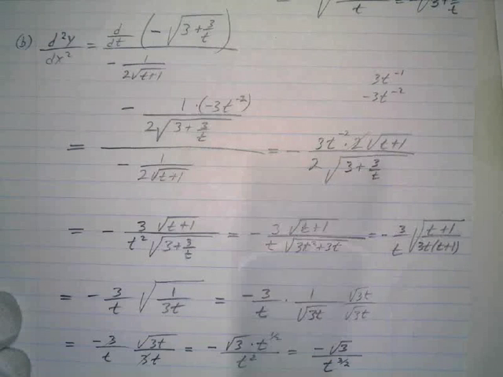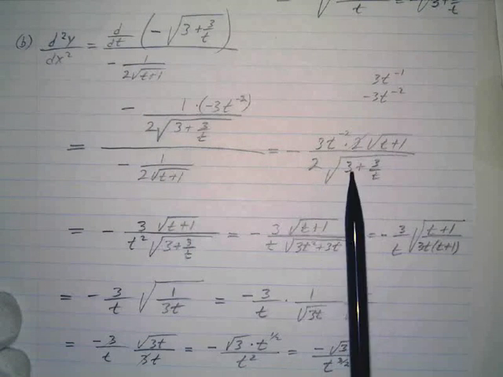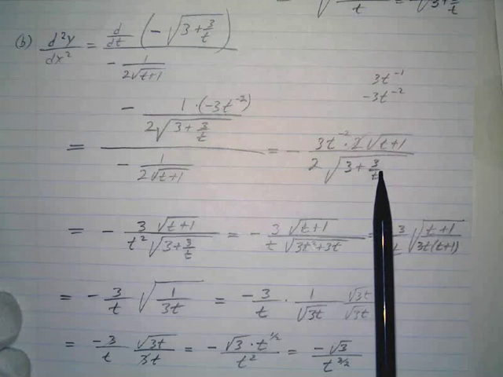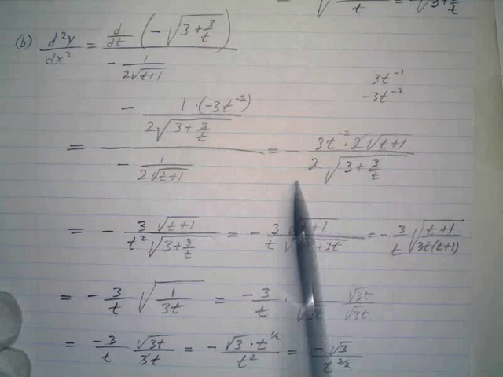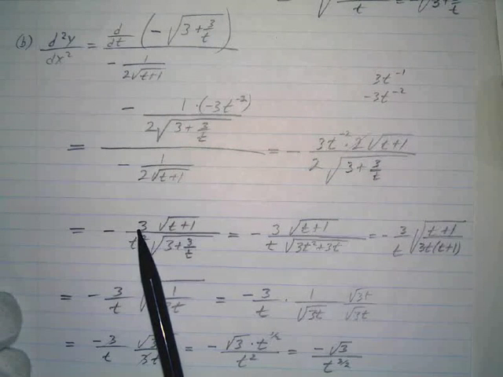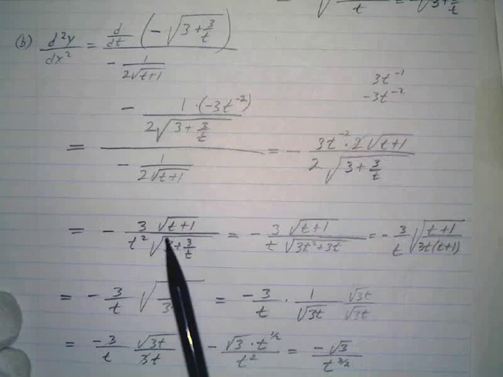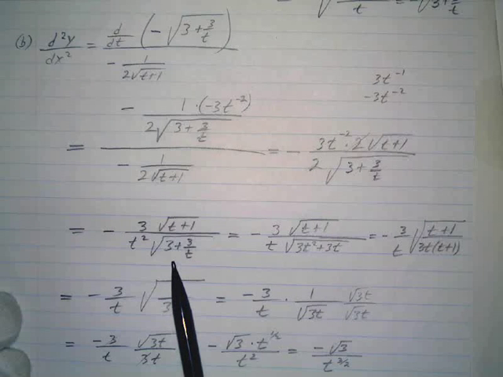And on the bottom we've got this, just this 2 times the square root of 3 plus 3 over t. These twos won out, so we've got 3, then I put the t squared in the bottom. So we had 3 times the square root of t plus 1, and this was in the bottom.